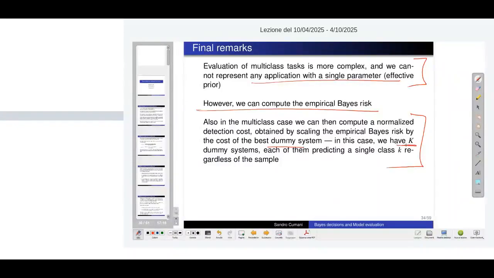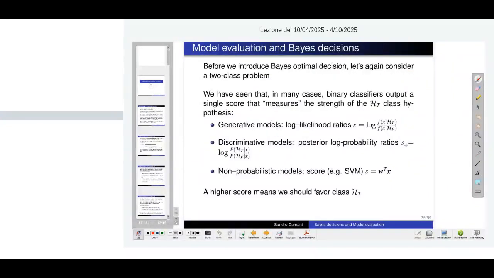In this case, we have K options. Each dummy system predicts a single class K, and then we can measure the cost of each of these K systems, take the one that has the lowest cost, and use it as normalization factor for our empirical Bayes risk. So it's the same thing, we just need to consider all possible K options rather than just the two options we did for binary.